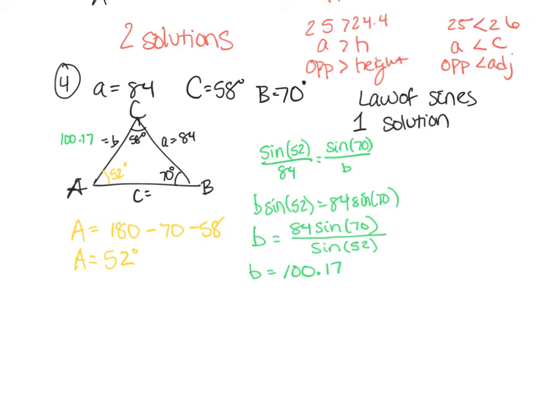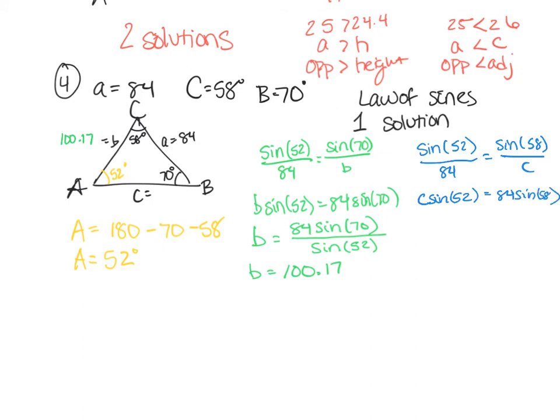And then last but not least, we must solve for our last side. I'm going to set it up very similarly. Sine of 52 over 84, a pair of things that I already know, is equal to sine of 58 over C. I'm going to do the exact same steps. First I will cross multiply. C times sine of 52 is equal to 84 times sine of 58.